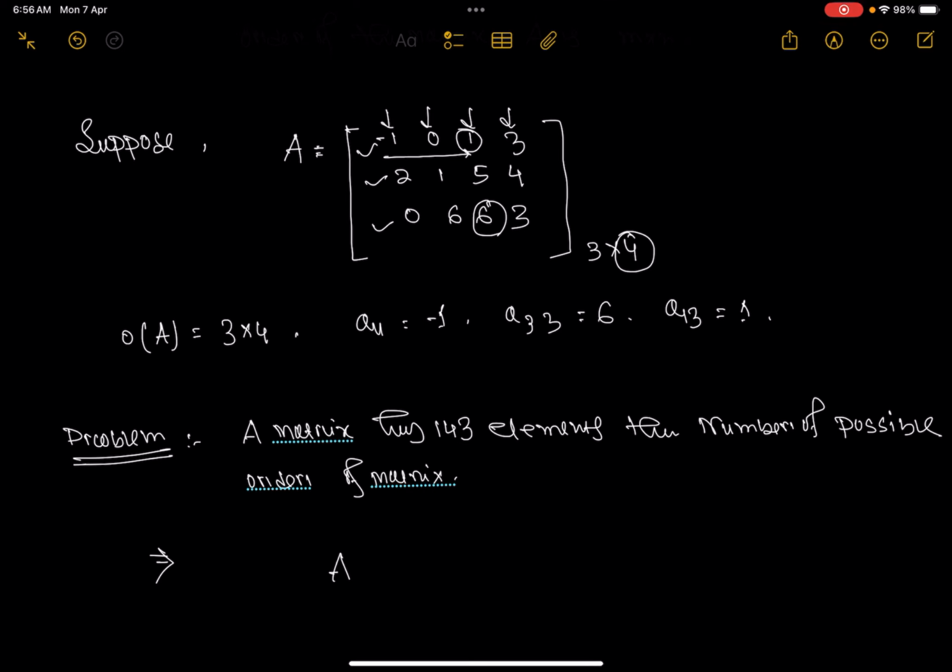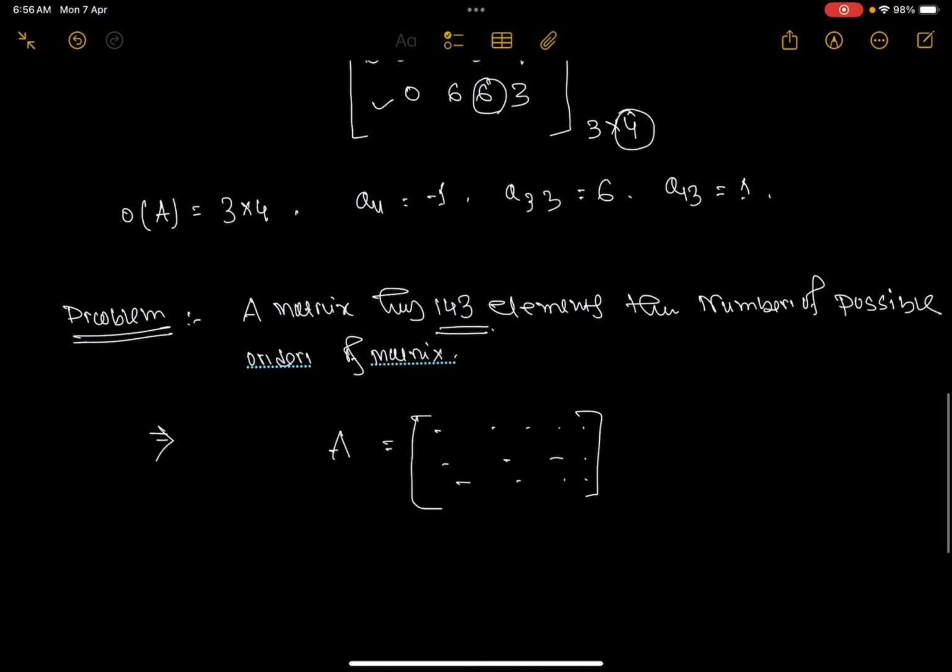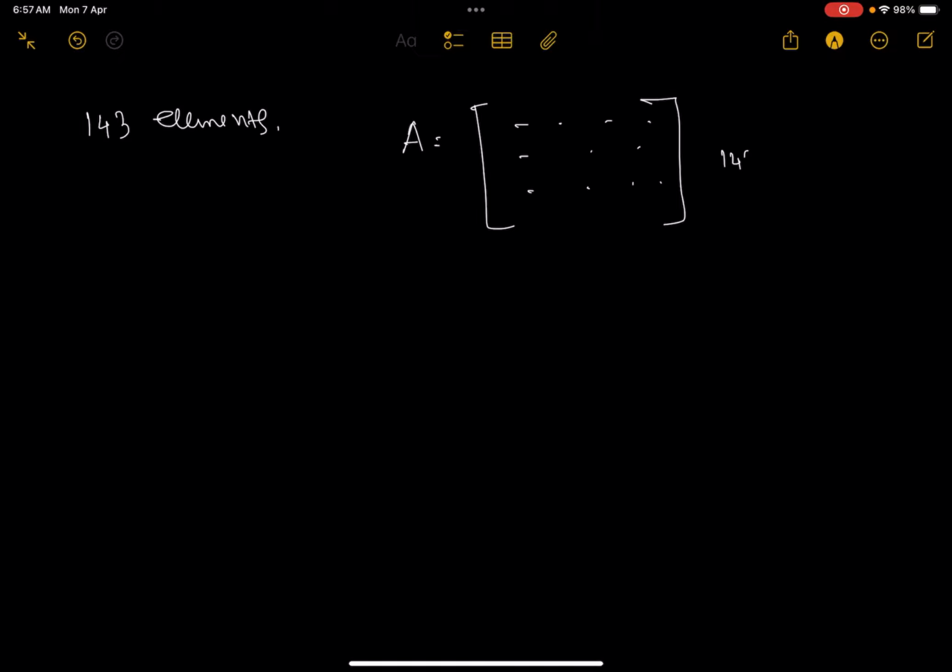At first, in the question you see 143 elements. So A must be considered as a matrix with 143 elements.